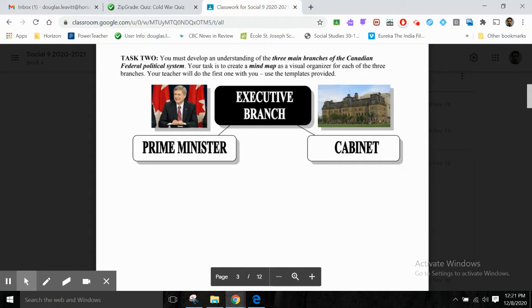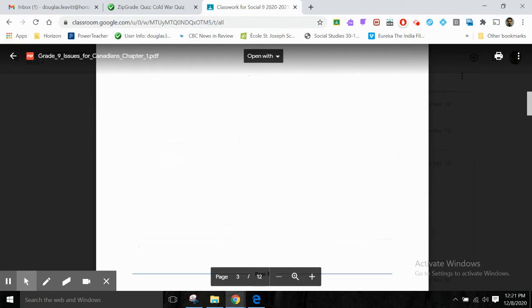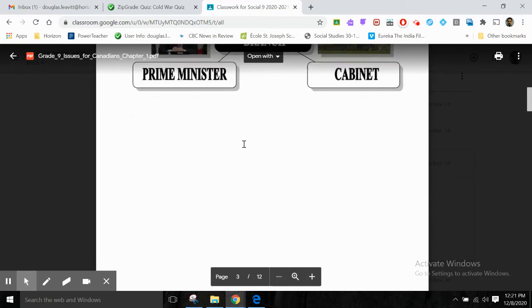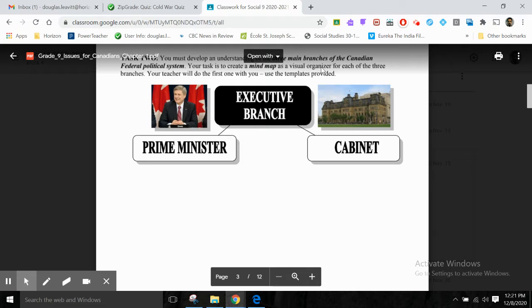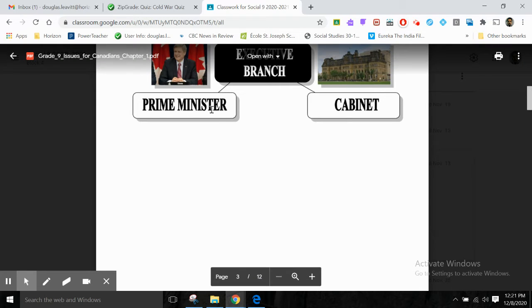Your task is to either create a mind map as a visual organizer for each of the 3 branches. Now, for this one, as you can see, there isn't any marks for this one. This is where I don't even know if you need to have some sort of visual organizer. You could do a visual organizer, or you could just list the aspects or qualities of the prime minister.